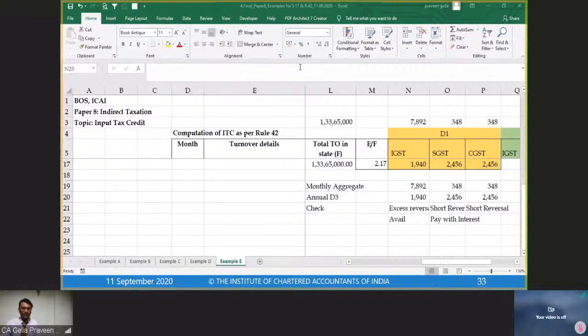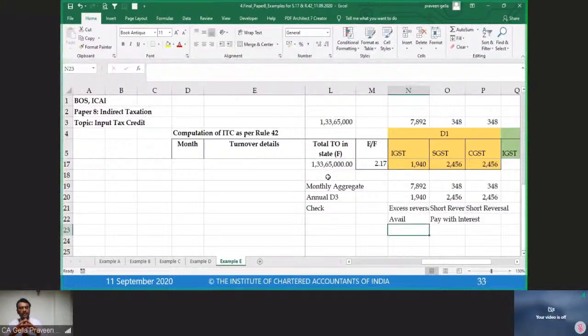So whatever I have done till now, this is the computation under Rule 42. I think we have come to the end of the time permitted as of today. Friends, Rule 42, this is the example, whatever theory we have in Section 17(5) read with Rule 42.